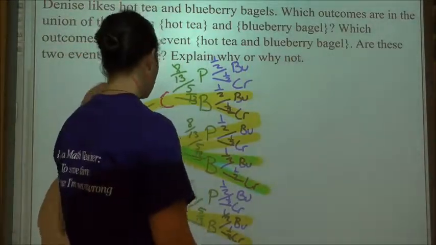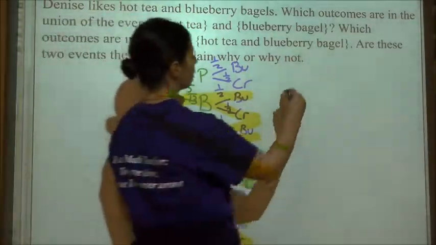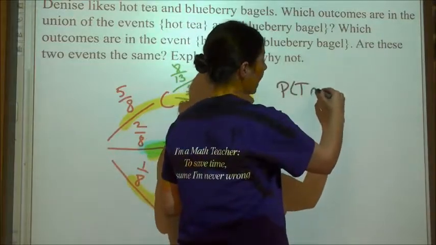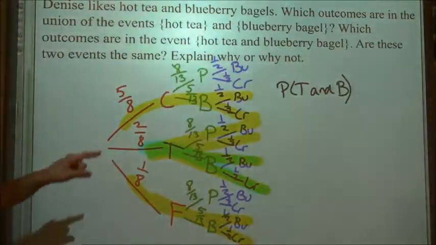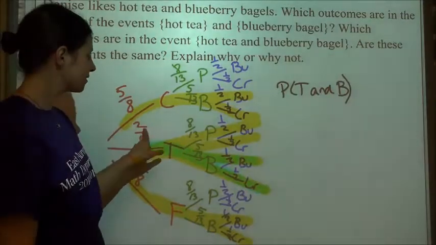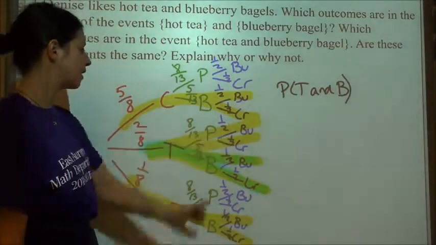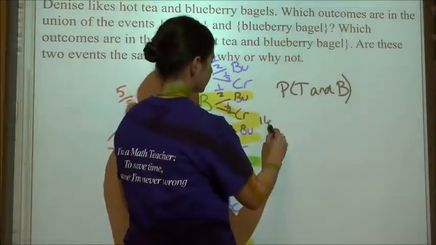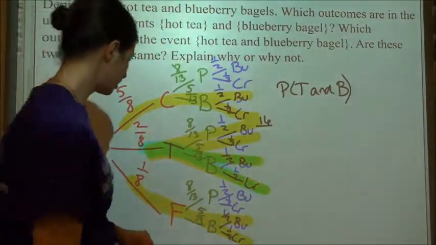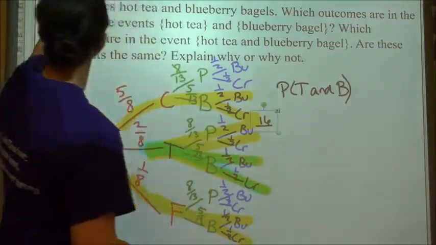Now really quickly, we're going to calculate the probability for tea and bagel, and you'll see why in a second. So we got 2/8 times 8/13 times 1/2. 2 times 8 is 16, times 1 is still 16. Oops, I'm looking at the wrong one.